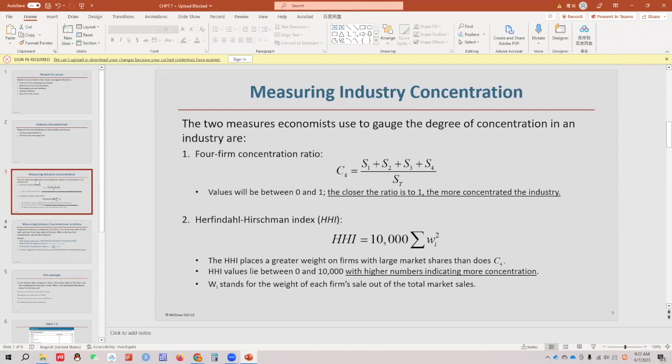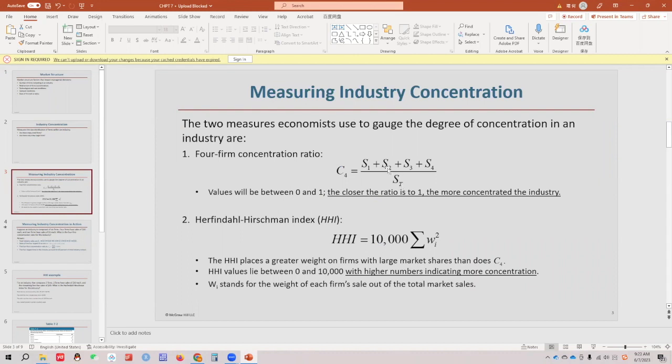We're introducing two indices. The first one is called the 4-firm concentration ratio. We take the 4 leading firms' sales or size, calculate the sum, and calculate its proportion of the total size of the industry. So S stands for size or sales, and S total for the total industry.